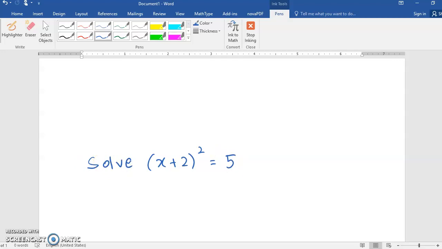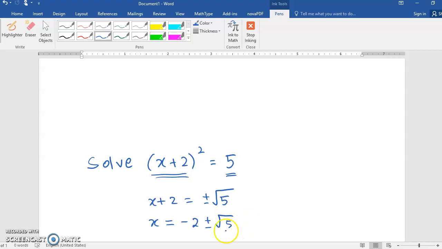Now for this question, you don't even need to expand and factorize straight away because the left hand side is a perfect square and the right hand side is just a number. You can just take square root on both sides and you will get this. x plus 2 is equal to plus minus root 5. So solving for x, you will immediately get x equals negative 2 plus minus root 5.